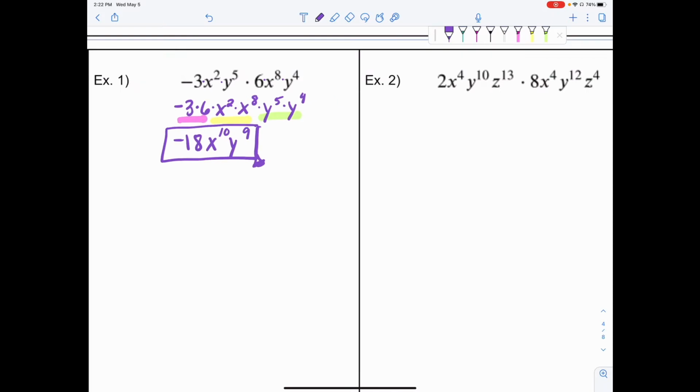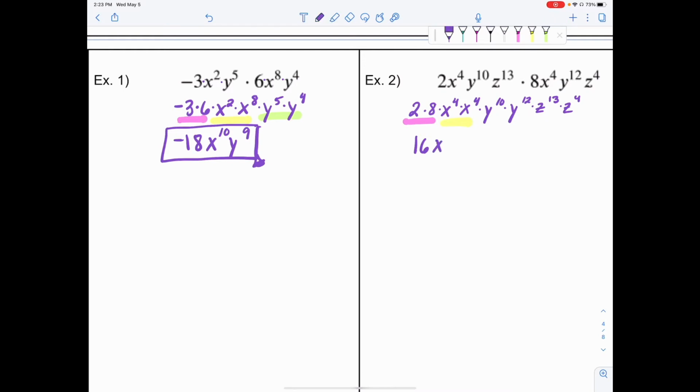So in example 2, if we rearrange, we would have 2 times 8 times x to the 4th times x to the 4th times y to the 10th times y to the 12th times z to the 13th times z to the 4th. And then we start simplifying. So 2 times 8, 16. x to the 4th times x to the 4th.